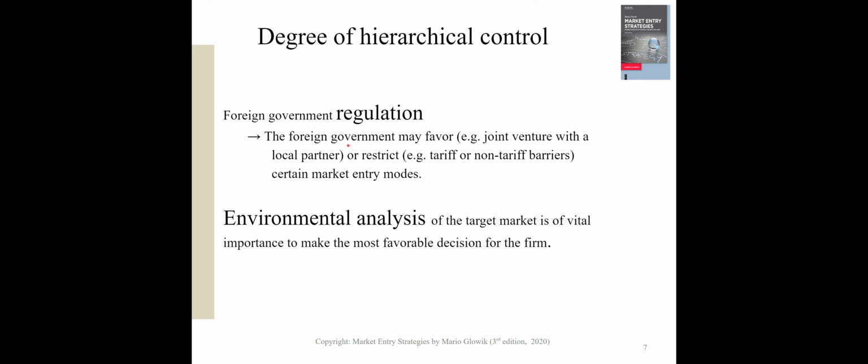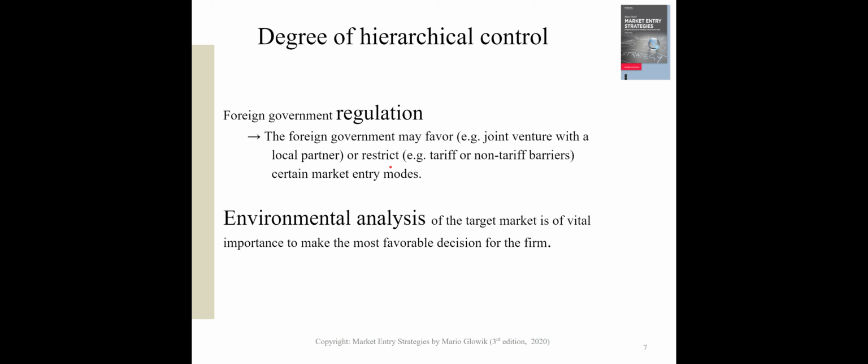Otherwise, we do not have an opportunity to enter that market. And that joint venture then comes along with a medium hierarchical control because we share our knowledge, we share our equity and others with that joint venture partner.